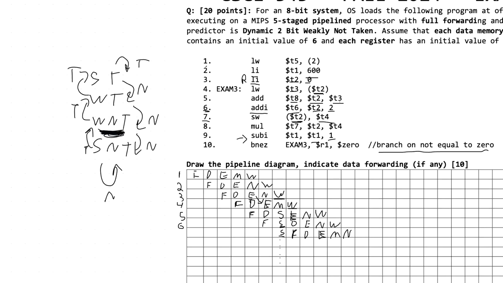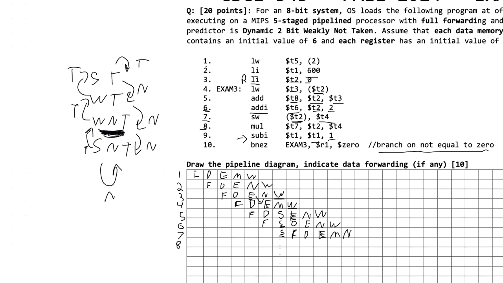Now, at this point, we're pretty good. We don't have to worry about this stall anymore. So the next instruction we can fetch normally now, at what we would think would be more of the normal cycle. Okay, so that was instruction 7. Now we have 8. So 8 is yet another R-type.